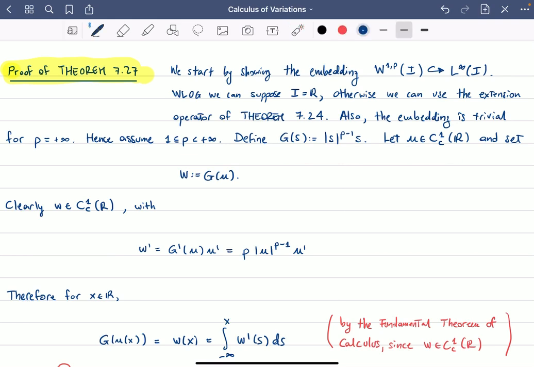So w is compactly supported since u belongs to C^1_c of R and g of 0 is equal to 0.